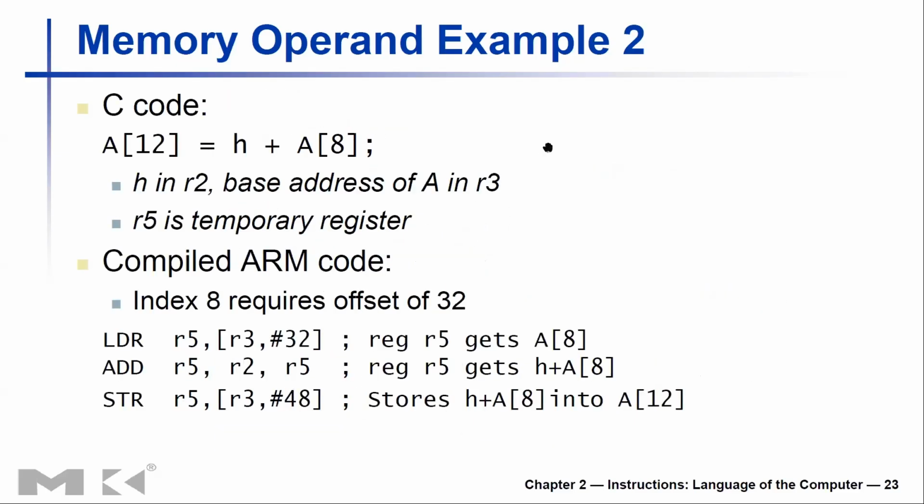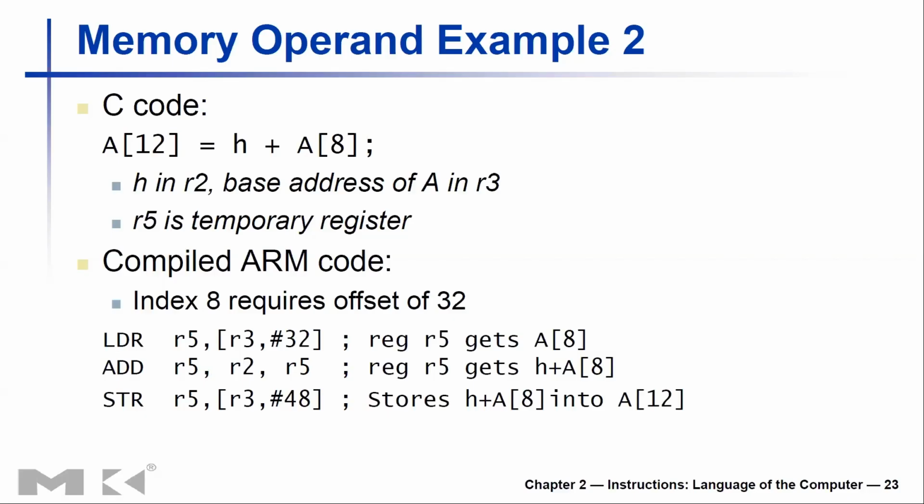Now here with this memory operand example 2, we are going to look at the store instruction as well. Now here we have this C code that operates on an array element, and also the result is stored back in the main memory.